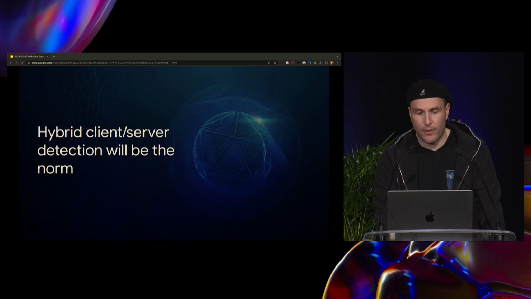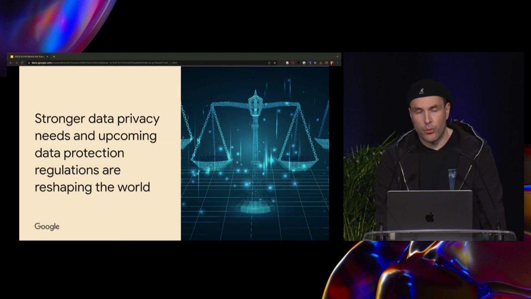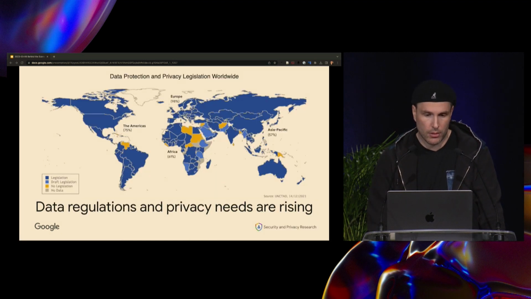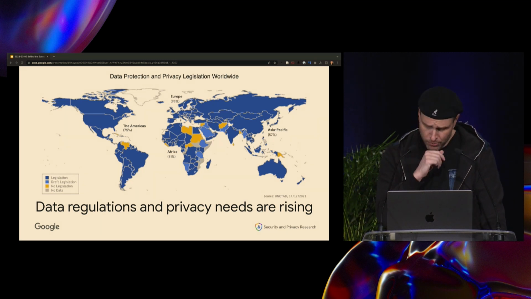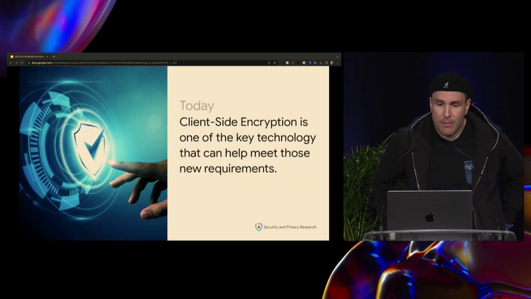For the last few minutes, I'd like to talk about the privacy requirements. There are more and more expectations in terms of private data all around the world, especially in Europe, as we know.